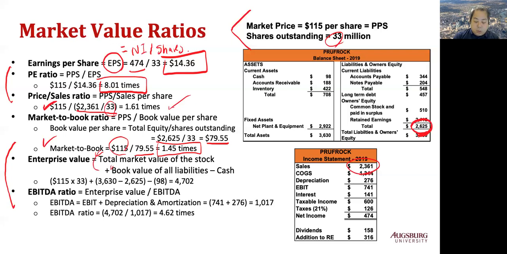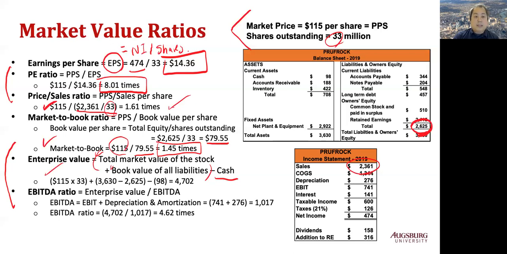So the sum of the total market value of the stock plus the book value of the liability will be a good estimation of the total market value of the asset. And if you subtract cash, then that's operating asset. So total asset except cash is called enterprise value.